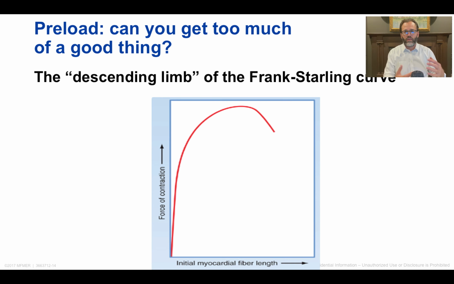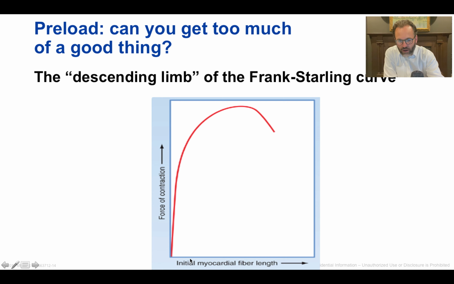This has been discussed for a long time, and one of the key observations made many years ago was the potential for a descending limb of what's called the Frank-Starling curve. What's probably most accurately depicted, even compared to the previous slides, is that if you look at initial myocardial fiber length or some measure of preload, when this increases we have subsequent increases in the force of contraction.